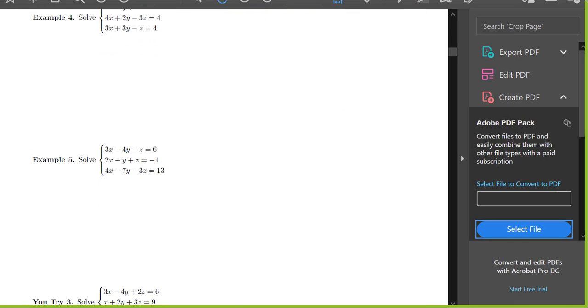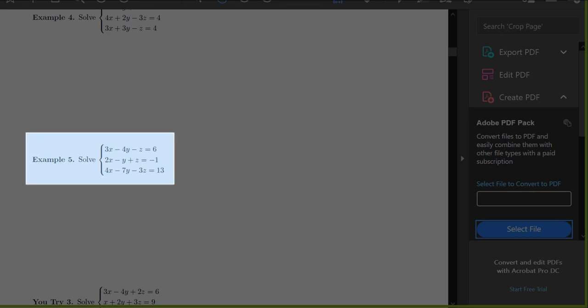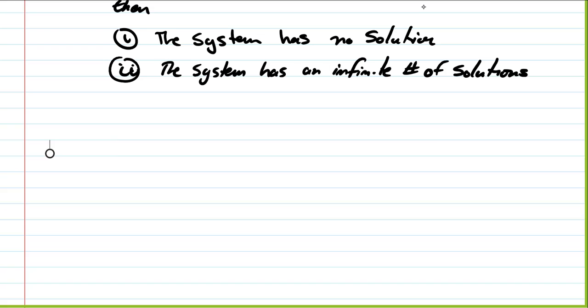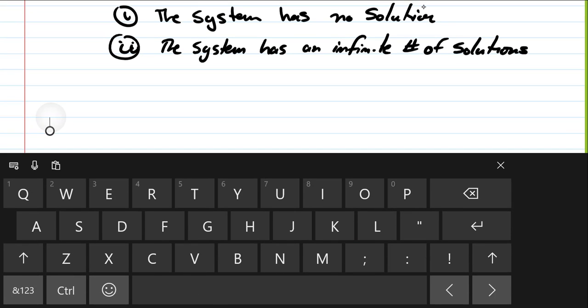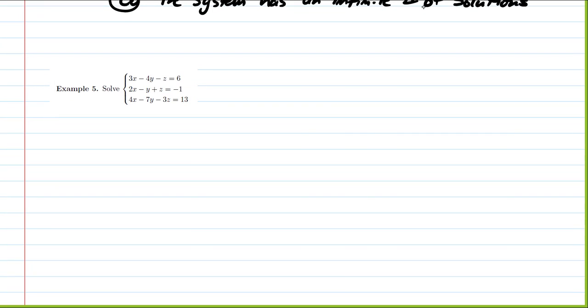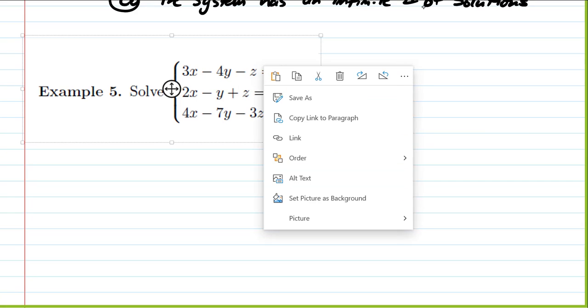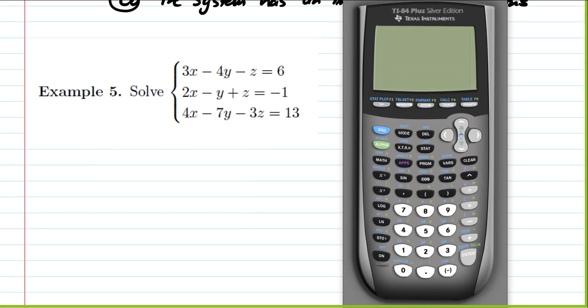All right, so let's take a look at our next example. So we're going to go through this same process once again. So we need to put this into our calculator. So equation 1 is row 1, equation 2 is row 2, and equation 3 is row 3.